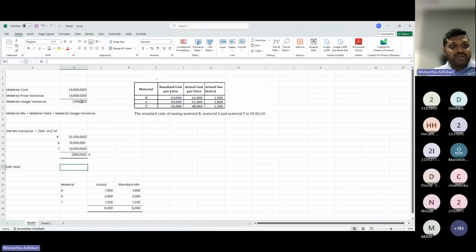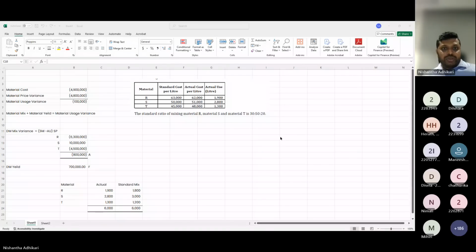Ultimately it should be 100,000 negative. Then the yield variance should be 700,000 favorable. 700,000 favorable. If you go back and see your answer, 700,000 favorable, answer should be A.